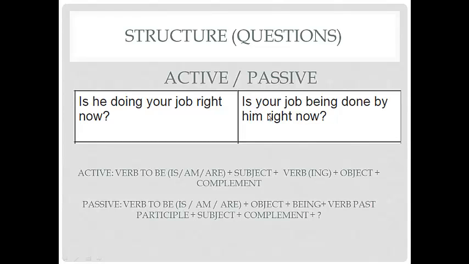Is your job being done by him, which is the subject here, right now? So we have the structure: verb to be, object, being, verb in past participle, by plus subject, complement, and the question mark.